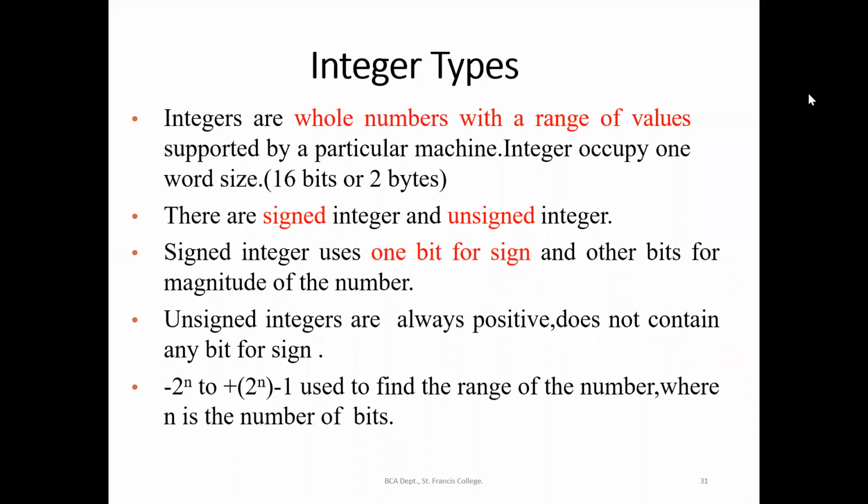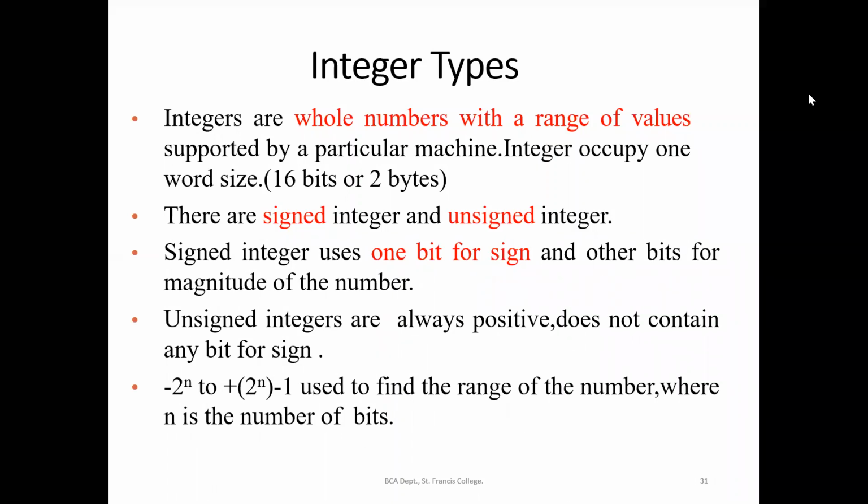They can be either signed integer or unsigned integer. Usually for a positive value we will not mention the sign, but if it is a negative number, we will indicate the sign. Signed integer uses 1 bit for the sign. So when we declare it, we can just give unsigned or signed.